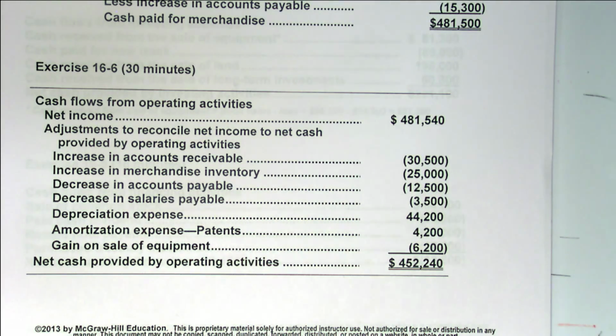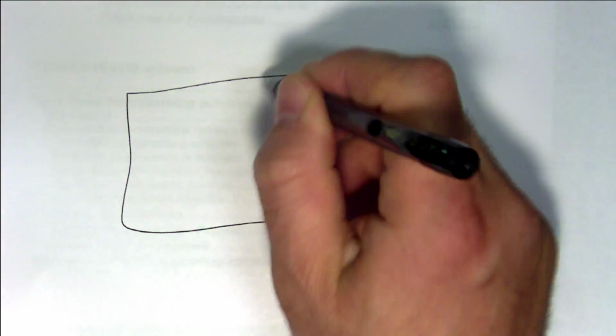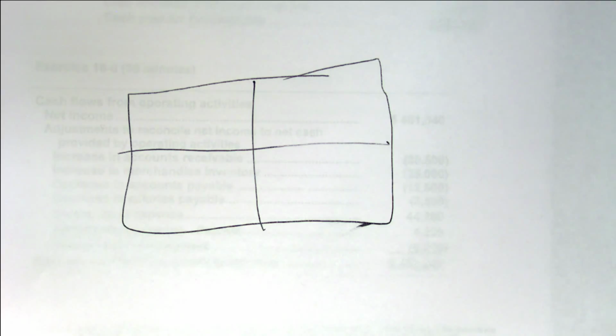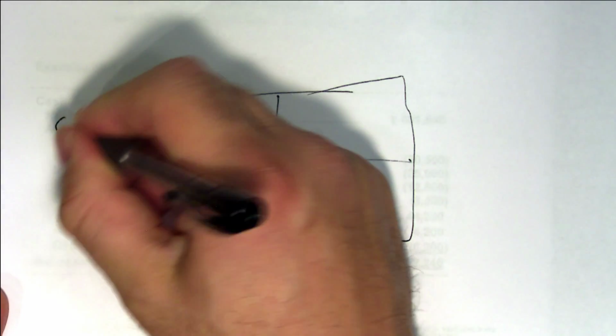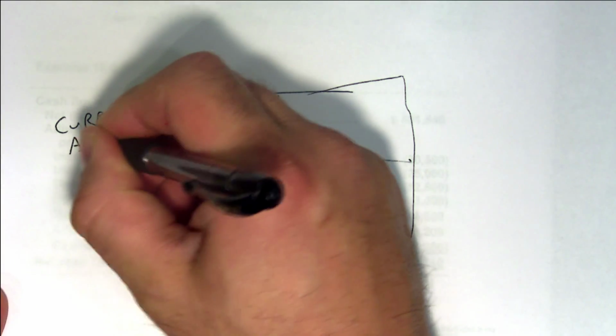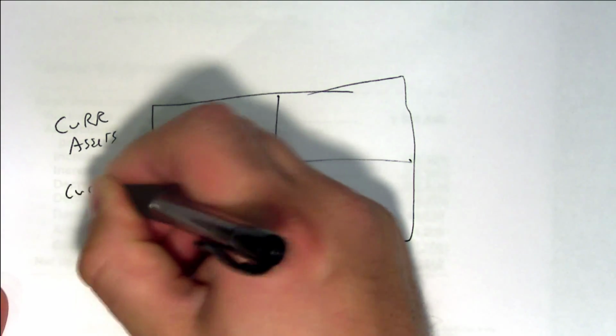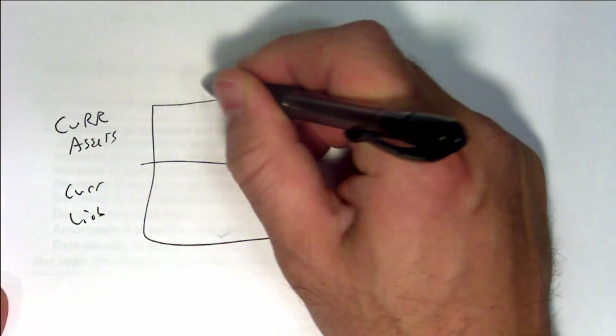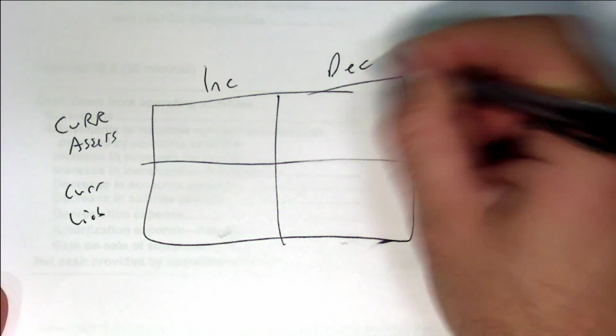One thing, let me point out, I may have pointed this out before. If I did, I'll point it out again. You need to know that one chart on how to handle current assets and current liabilities, right? Well, the way I memorized it when I was a student was, I knew there was a chart for four quadrants. This is current assets. This is current liabilities. This is increase and decrease, right?